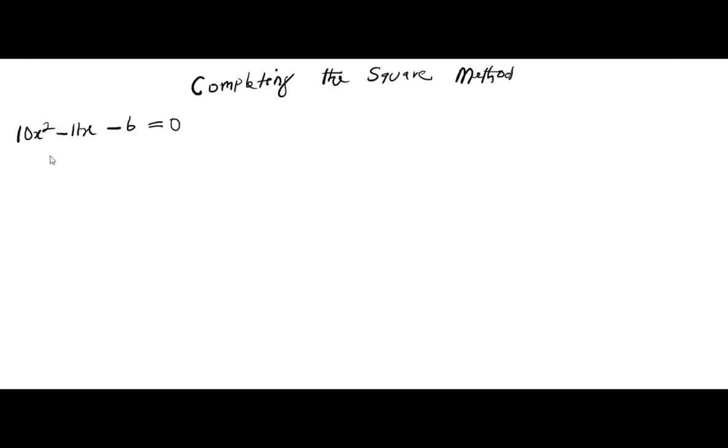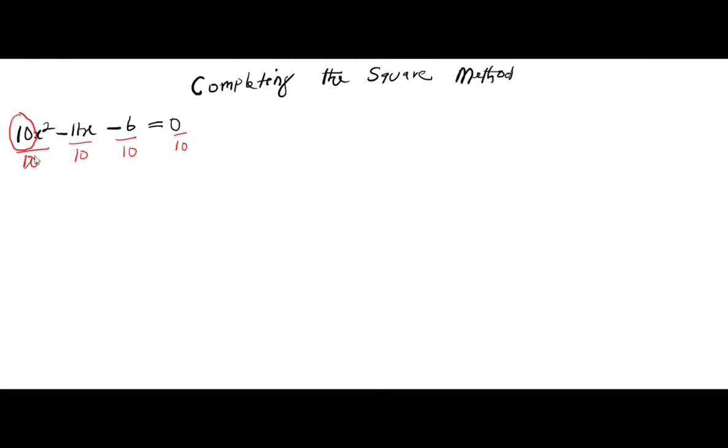Alright, so the first step is to divide by the coefficient of x squared, and the coefficient of x squared here is 10. So let's divide all these terms by 10.